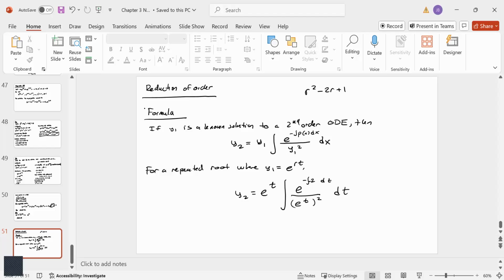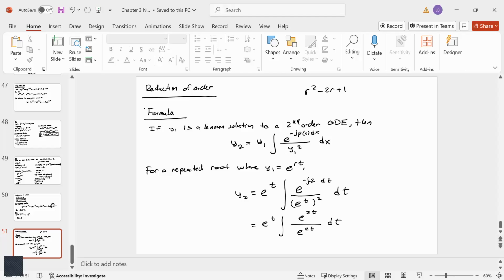And if you do the computation, you get e to the t times the integral, and then e to the t squared is just going to be e to the 2t. And if you integrate -2, you get e to the -2t.